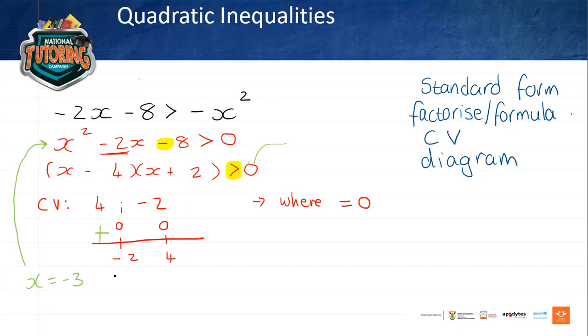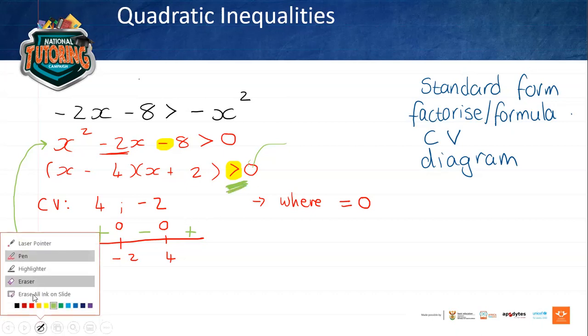If you type in a value between -2 and 4, say 0, you're going to get a negative answer. And if you type in a value greater than 4, you will see that you get a positive answer. So you've just picked random x values less than -2, between -2 and 4, and greater than 4. Now, the question is asking, where is it greater than 0? So that is positive.